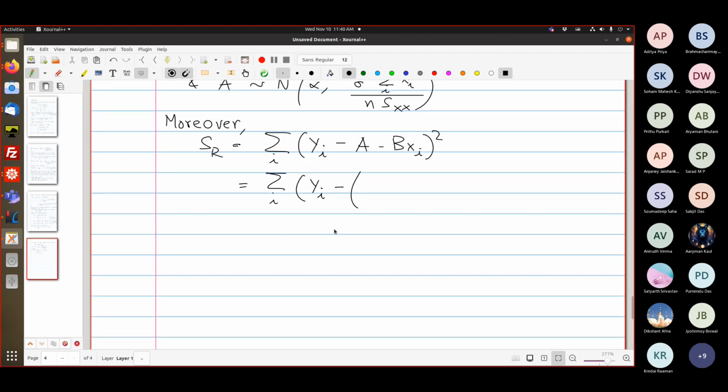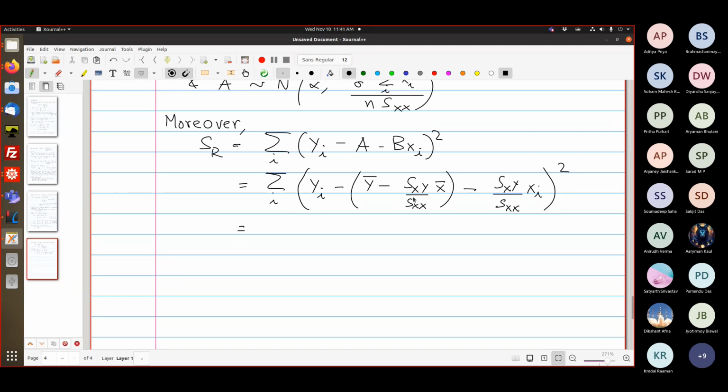So it's y bar minus b, which is Sxy by Sxx, x bar. That's a. Minus b, which is again Sxy by Sxx, xi, the whole thing squared. So this is a and this is b. Everybody is okay with that?